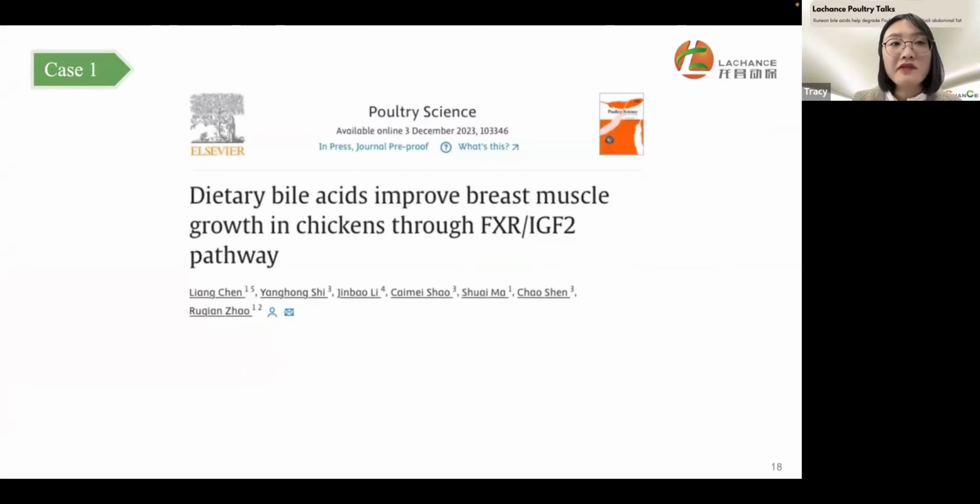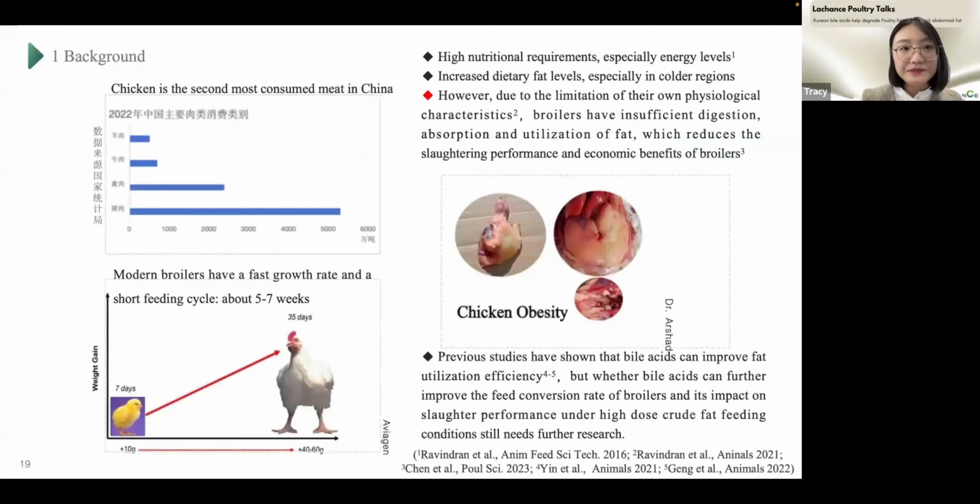The title of this paper is Dietary Bile Acids Improve Breast Muscle Growth in Chickens Through FXR-IGF2 Pathway. This is a quite new article and it's available online. So if you are interested in it, you can just go to Google. You can get it online.